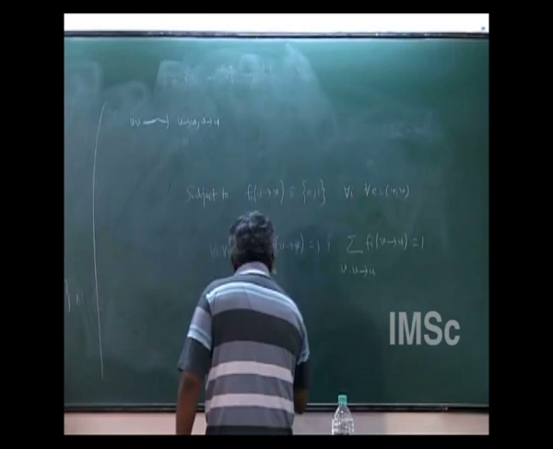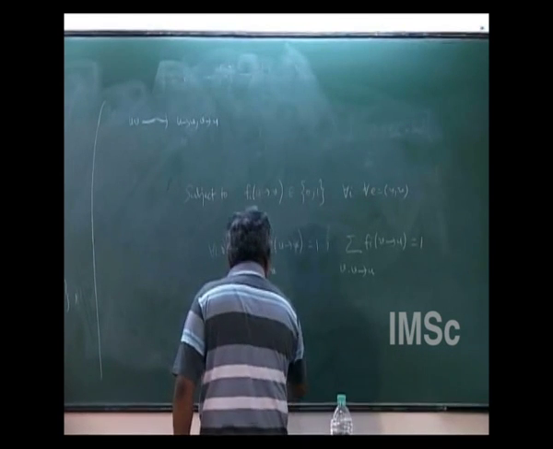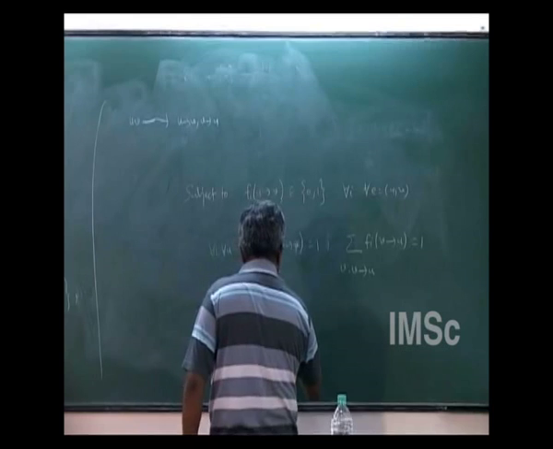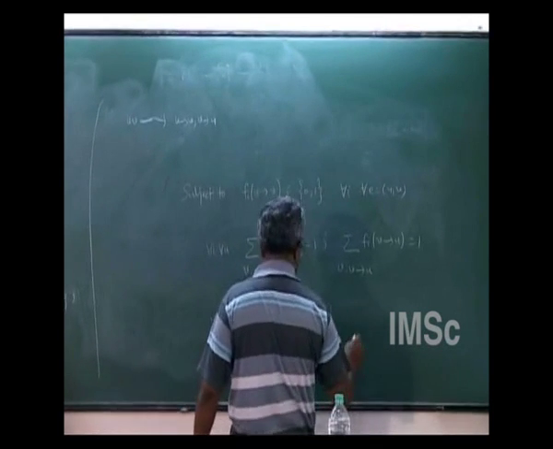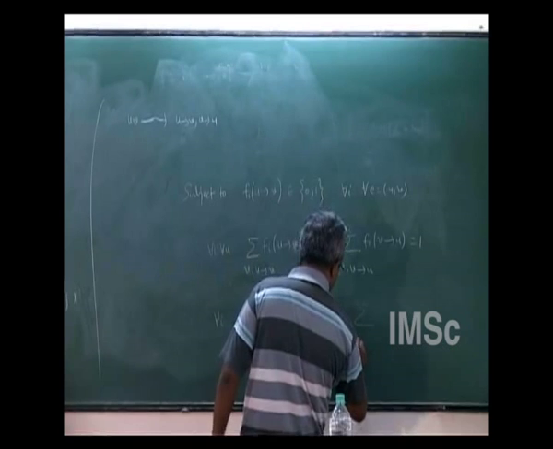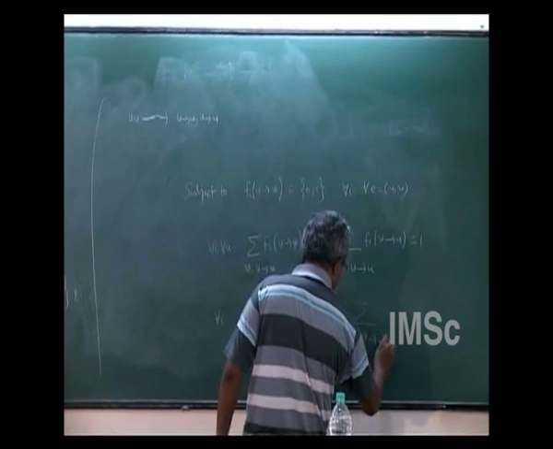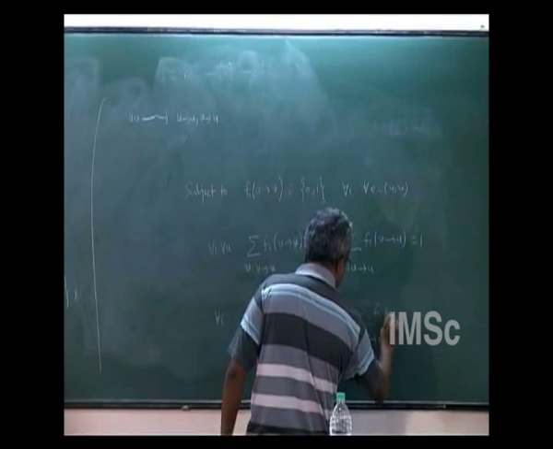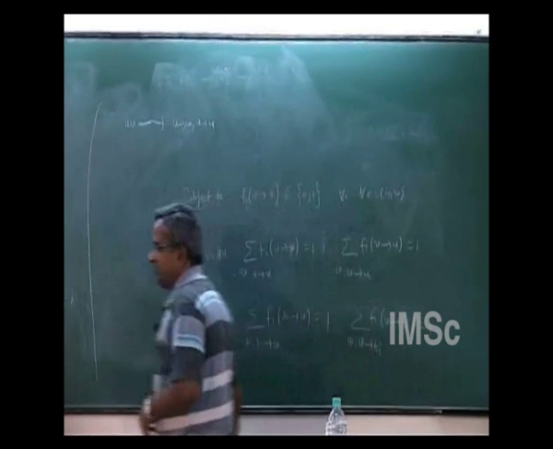For the sum over v such that Si to v is an arc, Fi of Si v should be 1, and for v such that v to Ti is an arc, Fi of v to Ti should be 1. This should also be satisfied.